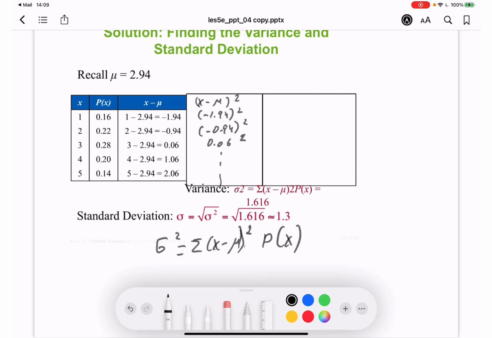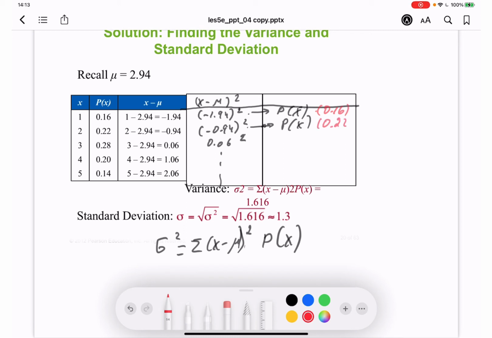Okay, and then here, this x minus mu squared information, all this we multiply by probability of x. This number, whatever we get, multiply by probability of x. The probability for the first one is 0.16, right? The second probability is 0.22.